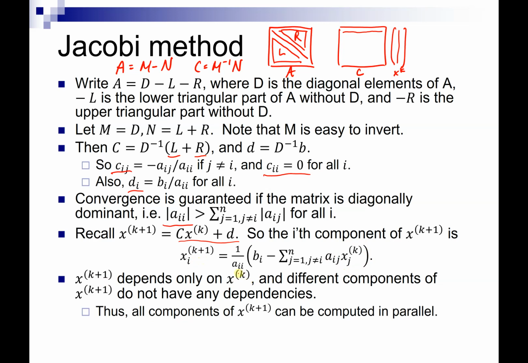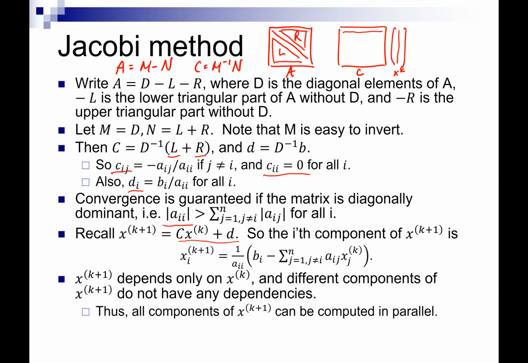Also, different coordinates of x of k plus 1 don't have any dependencies on each other, because for example, the ith coordinate only depends on values from the ith row of C. So every coordinate of x of k plus 1 depends on a different row of C, and they don't have any dependencies on each other.